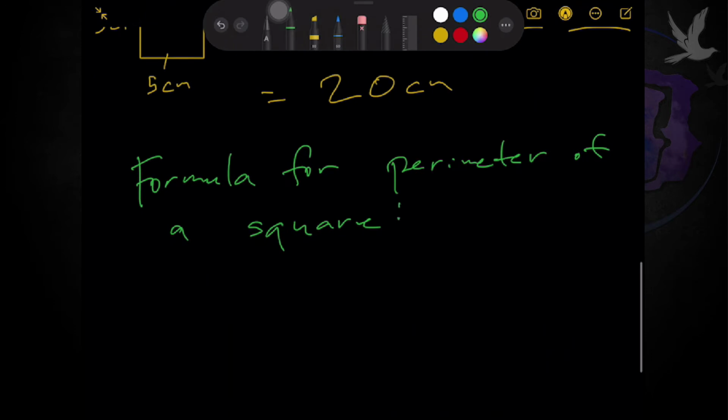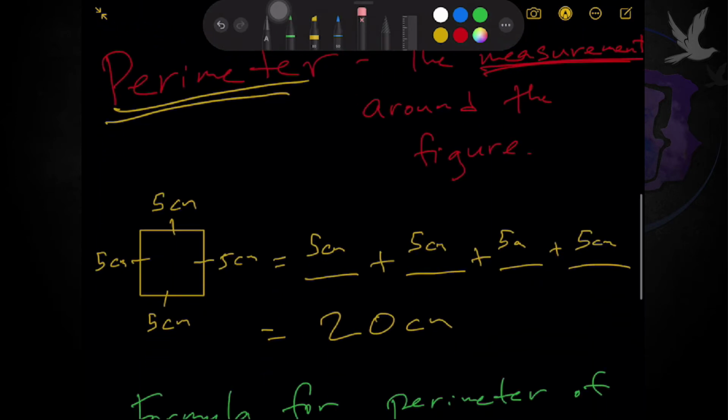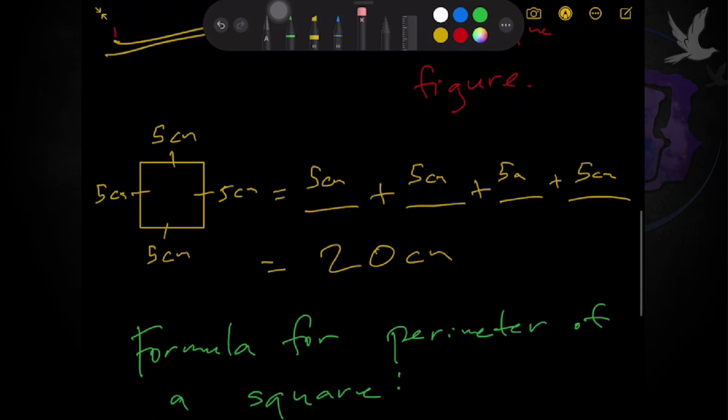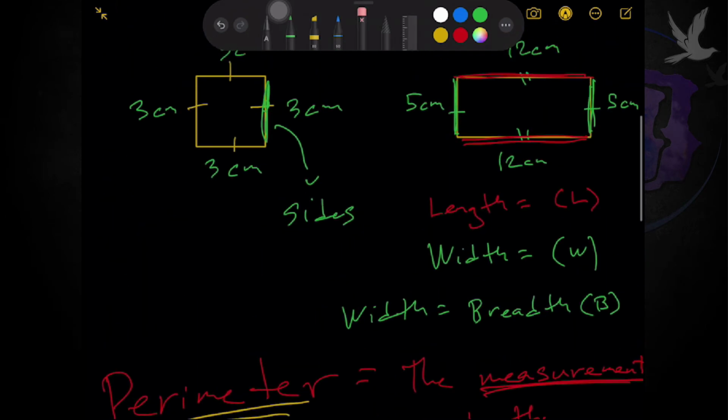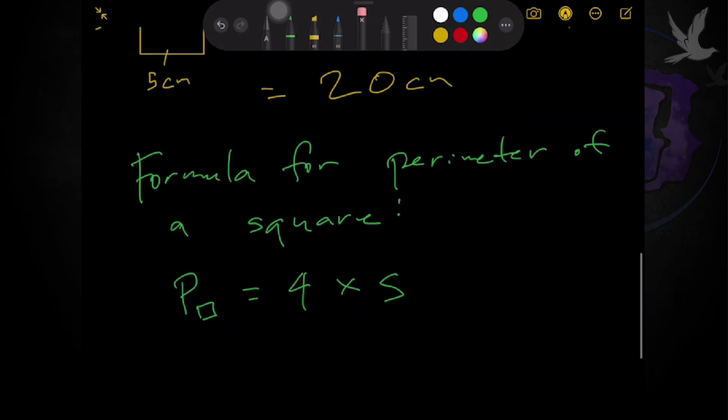This is written down as P and draw a tiny square there is equivalent to 4 times S, in which S stands for sides or side. Okay? So, ganun lang yan. 4S. You already know the meaning of S, ha? S refers to sides kasi binigay ko naman yun earlier sa figure there. Sides.